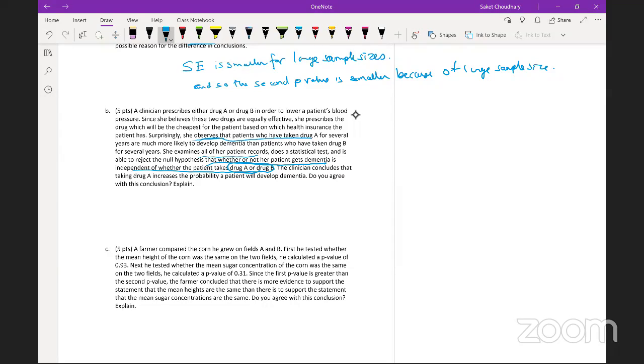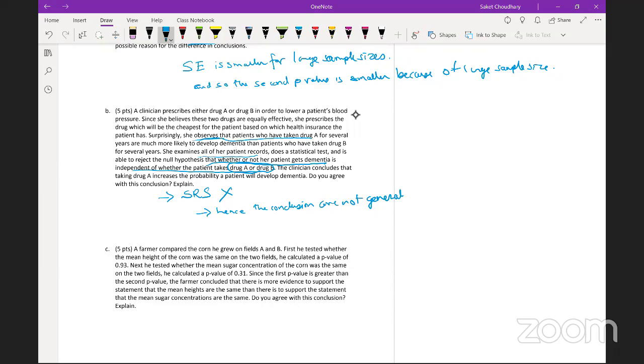So it's an observational study. But the problem with this study is this is not a simple random sample, and hence the conclusions are not generalizable to the population.